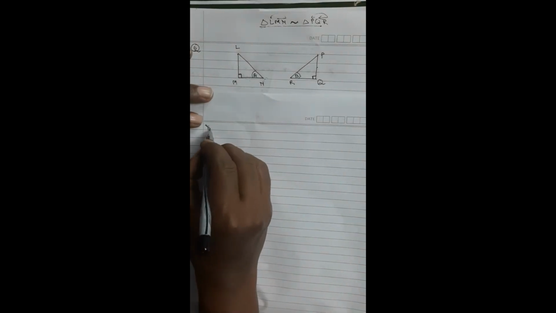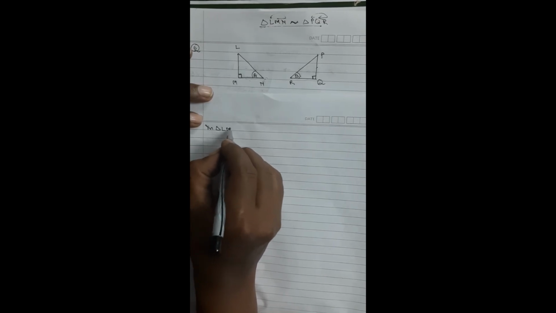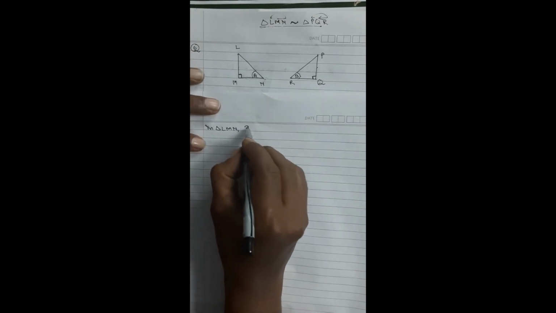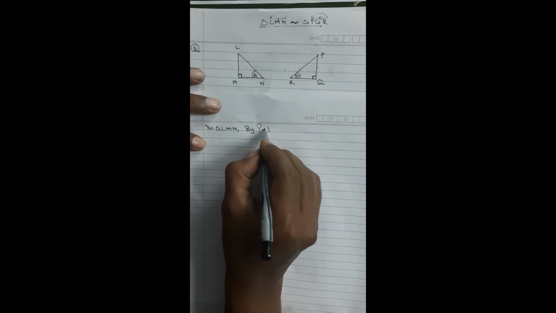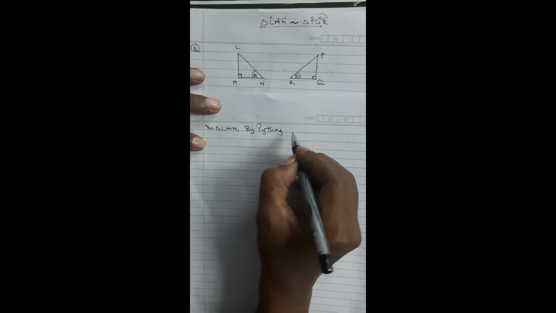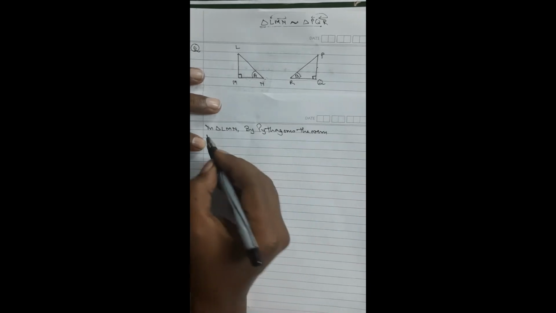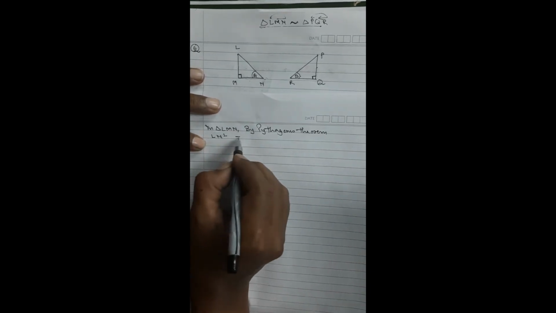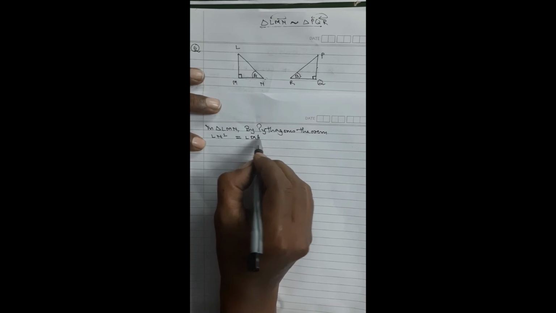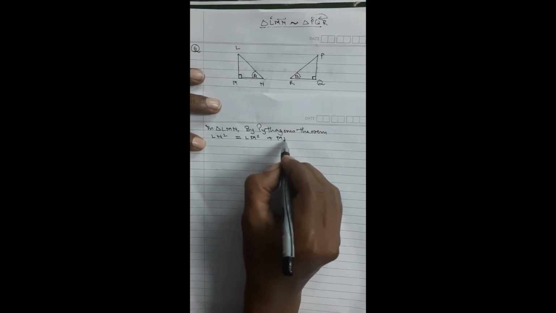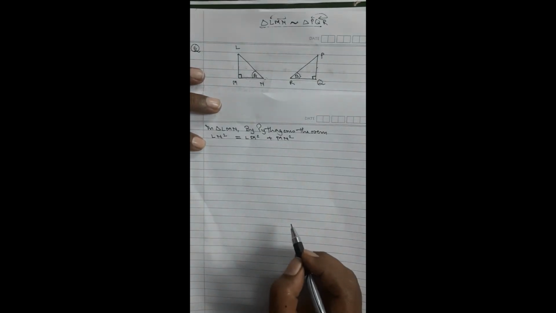So if I consider this, see in triangle LMN by Pythagoras theorem, what will I get is LN square is equal to LM square plus MN square.